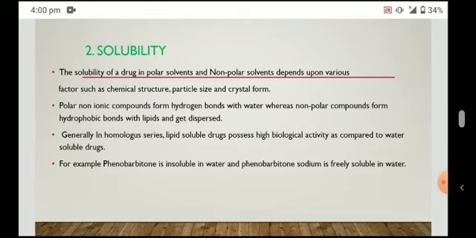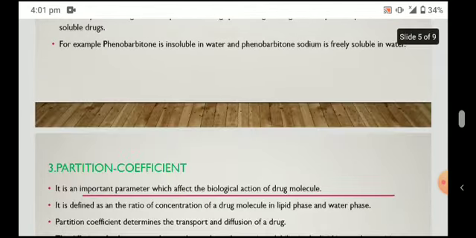Generally, in a homologous series, lipid-soluble drugs possess higher biological activity as compared to water-soluble drugs. For example, phenobarbital is insoluble in water and phenobarbital sodium is freely soluble in water.